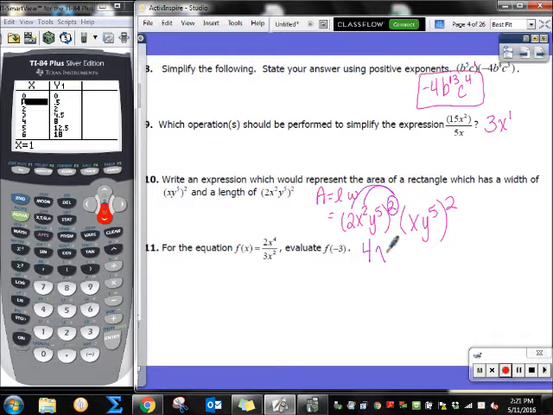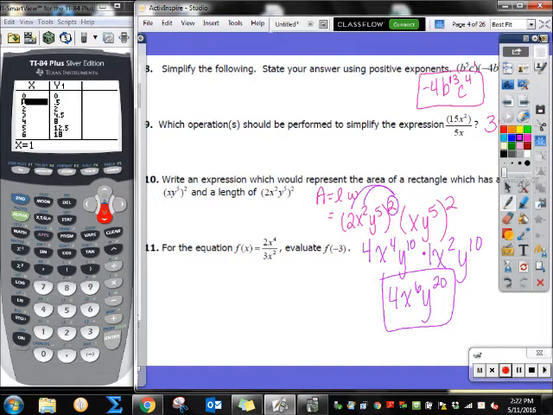So that's going to be x to the 4th, then y to the 10th, times, and then I have to do the same thing over here, so that's going to be x squared y to the 10th. Now I have to go back to my multiplication rule. So I have 4 times an understood 1 is 4. When you're multiplying things with exponents, you add the exponents. So that's going to be 4x to the 6th y to the 20th as the final answer.